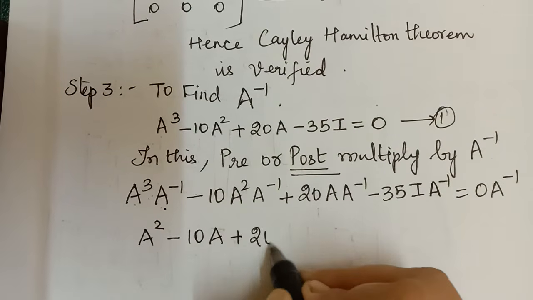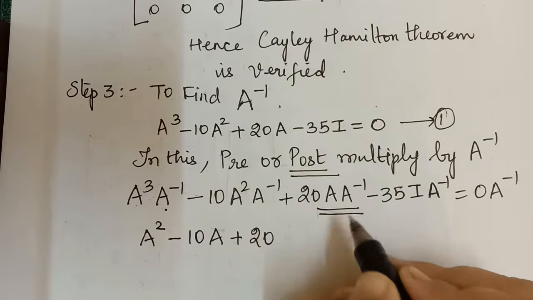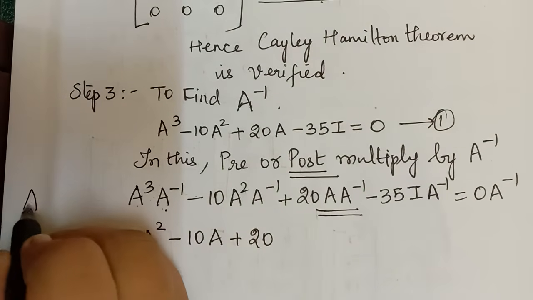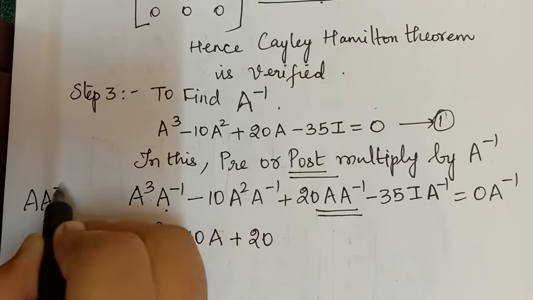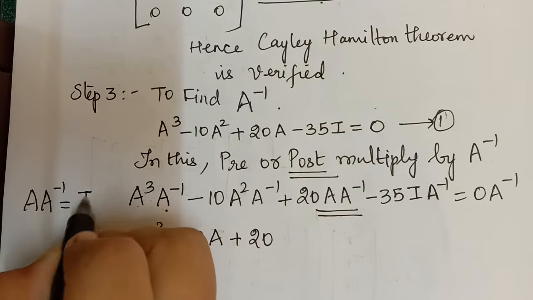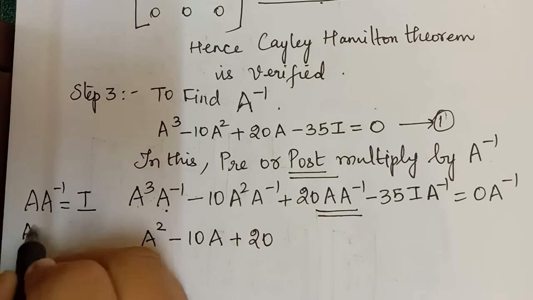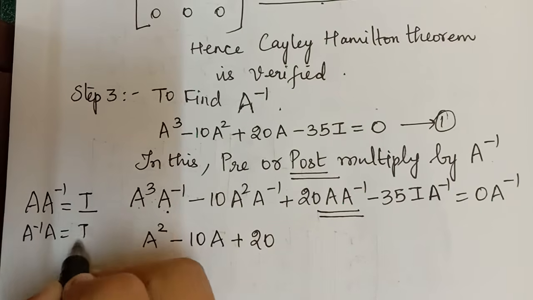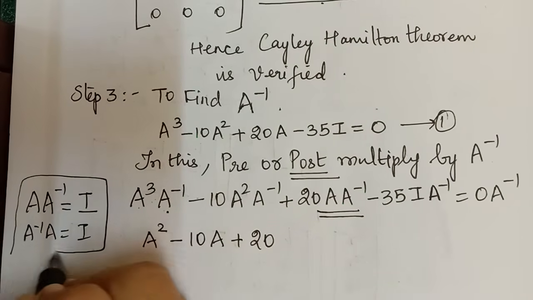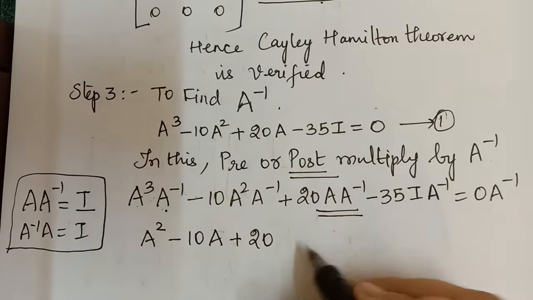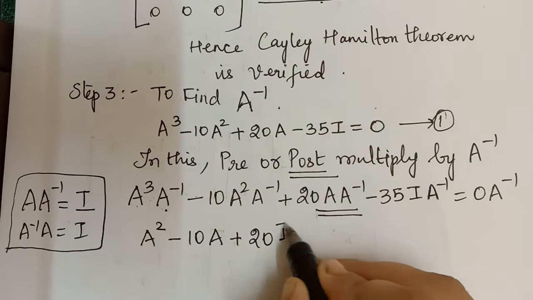Plus 20. And what is A inverse? Always remember, when a matrix A is multiplied with its inverse, we obtain I. Whether A inverse A or A A inverse, whatever it is equal to I. So you have to remember this. So we get plus 20I.